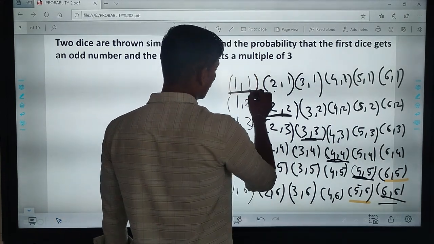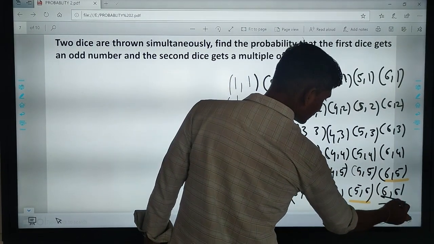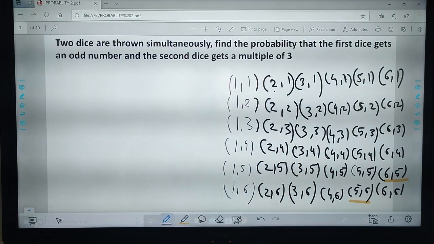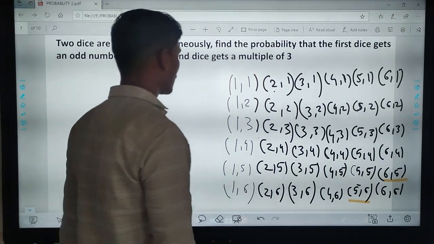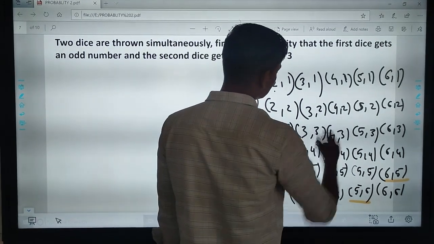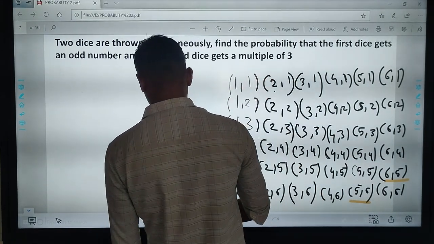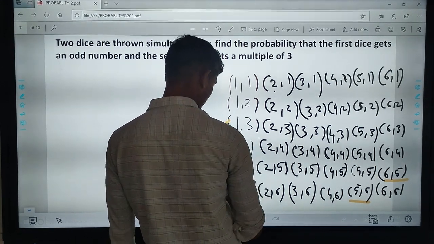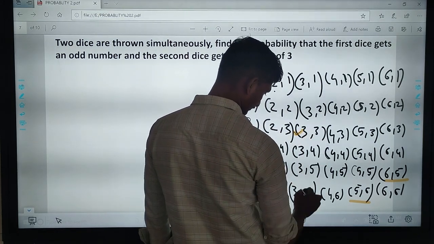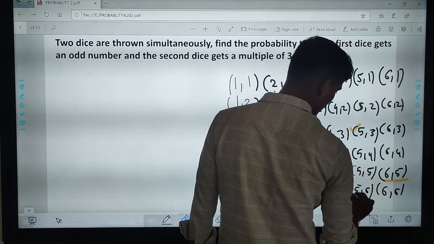The first die is odd: 1, 3, 5. The second die is a multiple of 3: 3, 6.